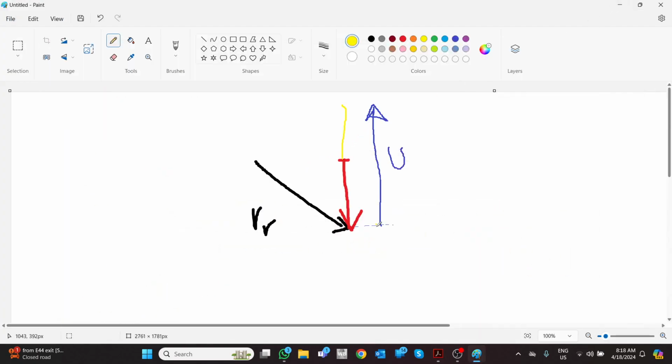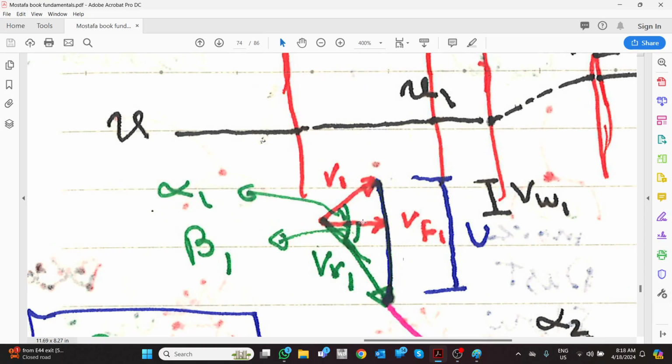Of course, this one is bigger than this one, so the resultant will be like this, from the same start point, and this is V1. Very simple if you just understand the definition. Okay, so this will be V1.